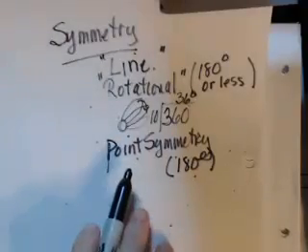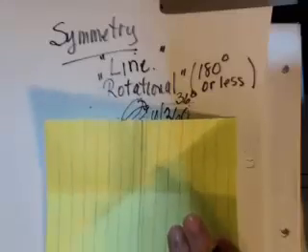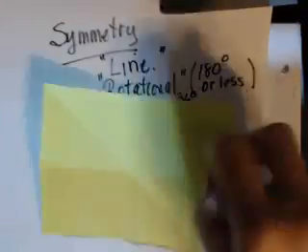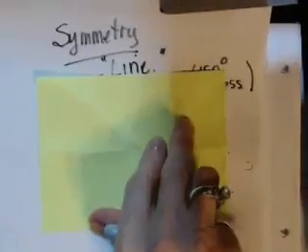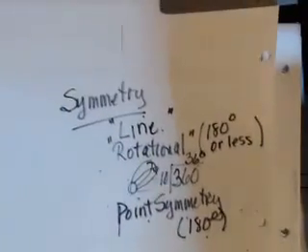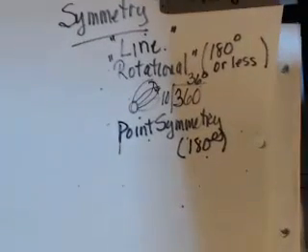So this rectangle that we were using does have point symmetry because we can do a 180 and it will map to itself. So the three kinds of symmetry are line symmetry, rotational symmetry, and point symmetry.